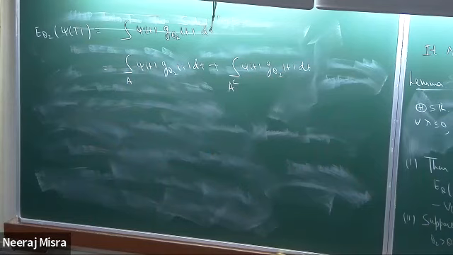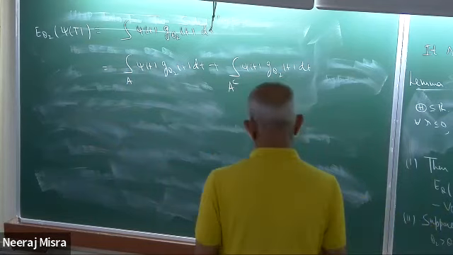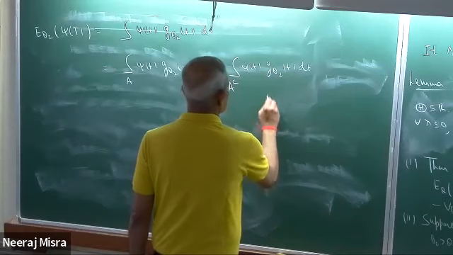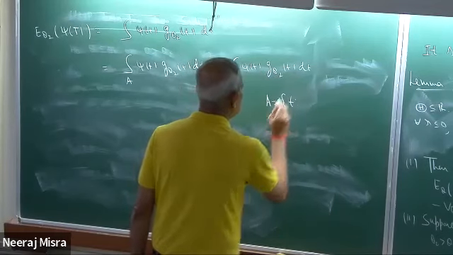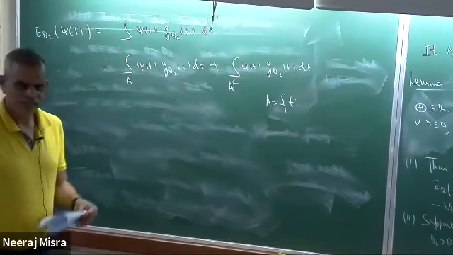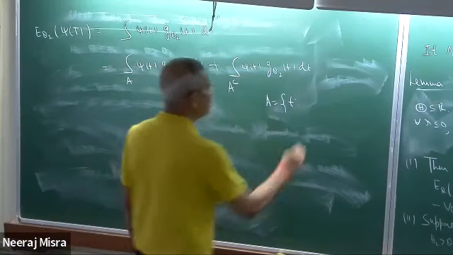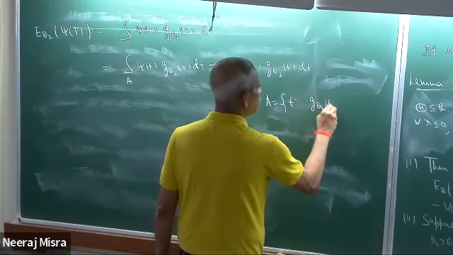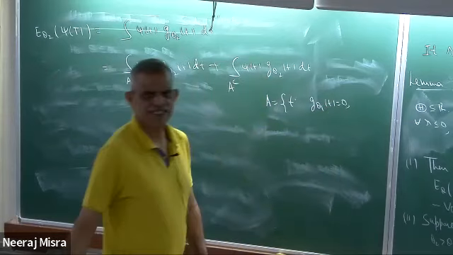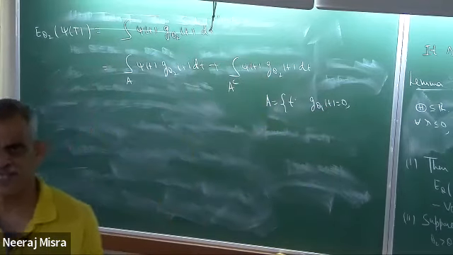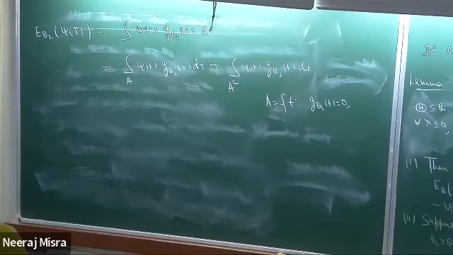And what is my A? I consider A where g theta 1t is 0. But if g theta 1t is 0, I would not like to have g theta 2t 0 because I have to finally get g theta 2t upon g theta 1t.